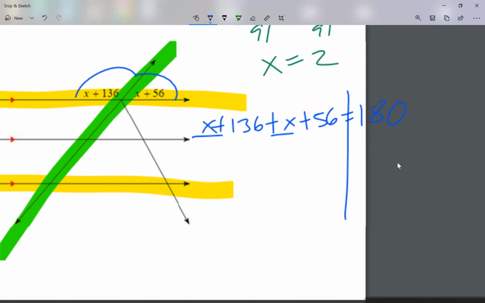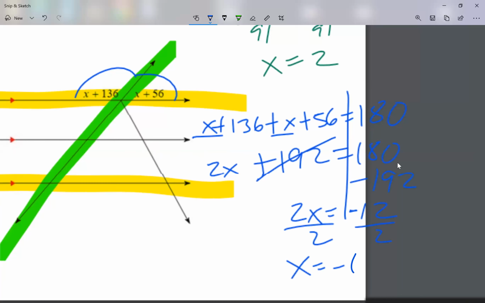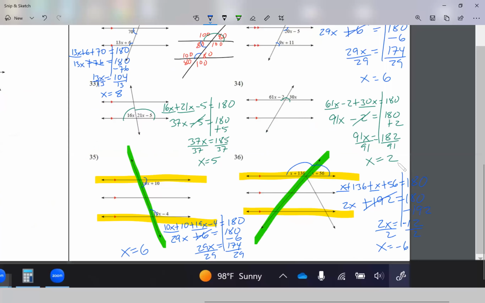On the left side, 1x plus 1x is 2x. 136 plus 56 is 192. And this is equal to 180. I want the 2x by itself, so this plus 192, let me move it over as minus 192. So I get 2x equals negative 12. Let me divide by 2. x equals negative 6. It's fine for x to be negative, so negative 6 sounds about right.